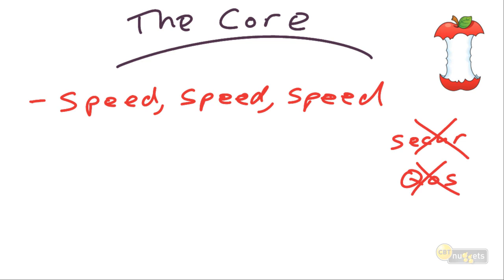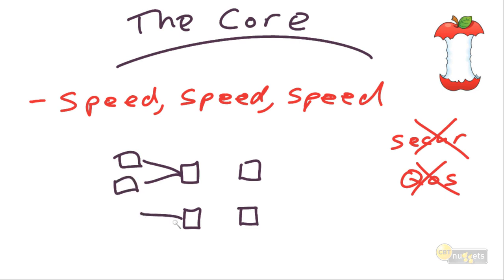Now, something that's pretty interesting about the core layer is the debate on whether or not you'll even design a separate core. You see, what ends up happening in a lot of organizations is that they'll have this distribution layer which leads out to access layers, okay?